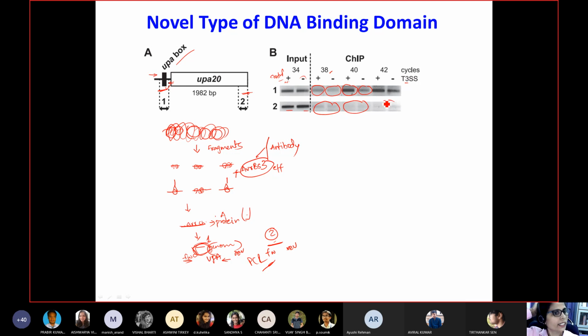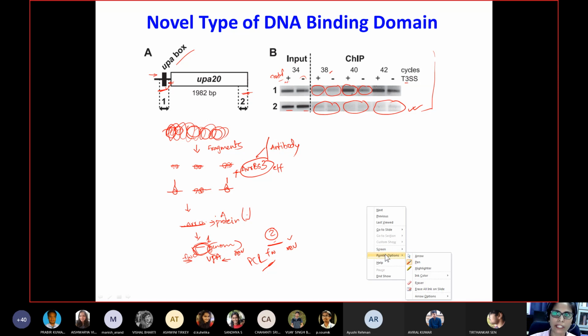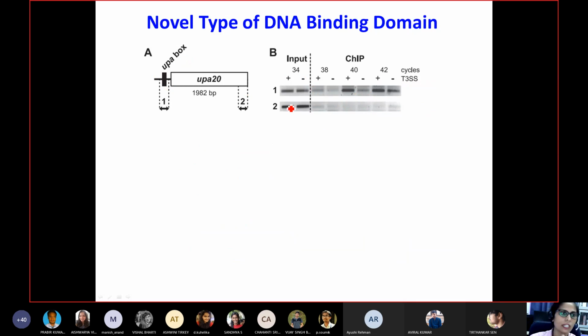Now, this ChIP assay has pros and cons. The pro is that you can do it in an endogenous form, like you can actually take a leaf and do this assay. But the negative side is that it cannot tell you whether it is a direct binding or not, because the antibody can link to your protein, but if there is any very close contact with that protein, like the AvrBs3 protein, and then it is binding to the UPA box, then we don't know whether this is a direct target or an indirect target.